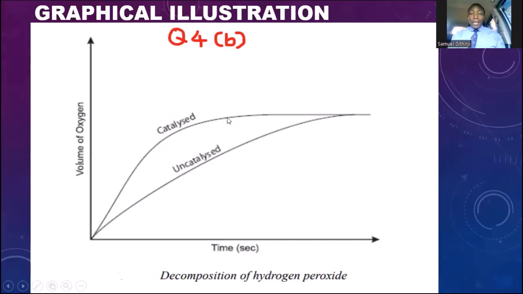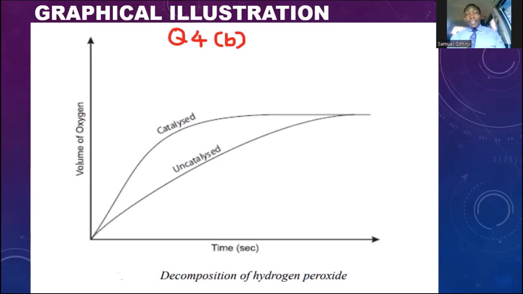When you use a catalyst, the first reaction takes a shorter time to go to completion. The other one will take a longer time. But the 2 graphs will go constant at the same volume. And that tells you the yield for the 2 reactions are the same. So the catalyst will not affect the total yield for any reaction.